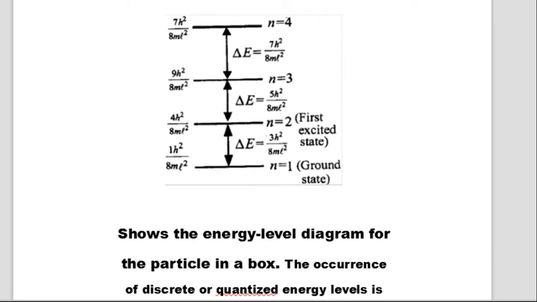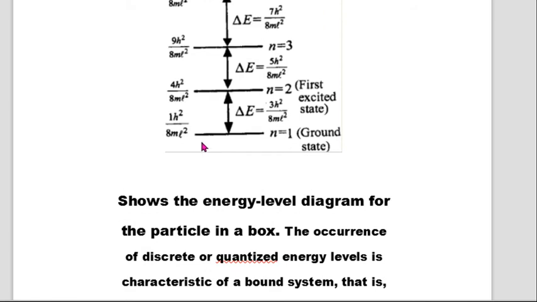Okay, now we can come to the energy states as well. For n equals 1, we have already seen the energy is En equals n square h square by 8 ml square.